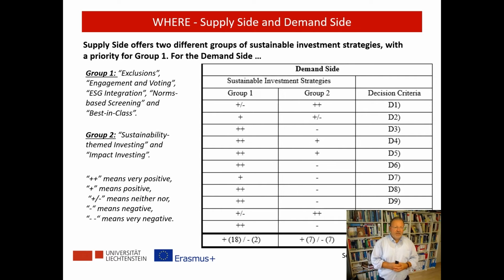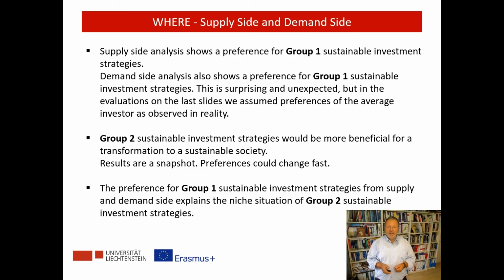And you see another time group 1 has 18 pluses and 2 minus, and group 2 only 7 plus and 7 minus. So group 1 is another time here better. And I go to the next slide, where I now talk about the results.